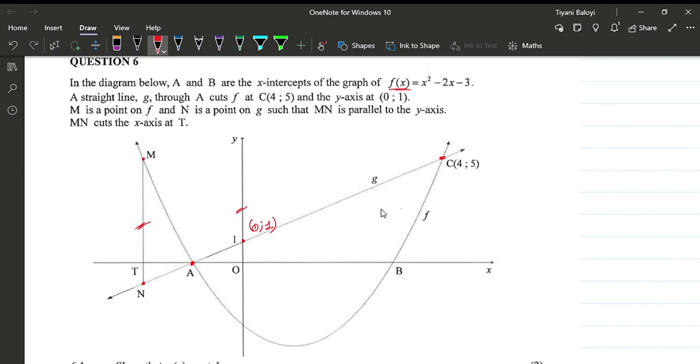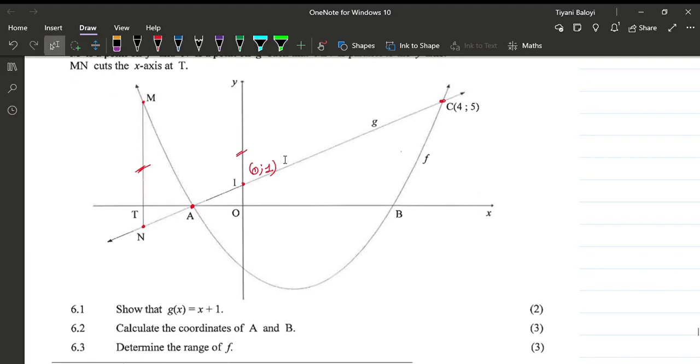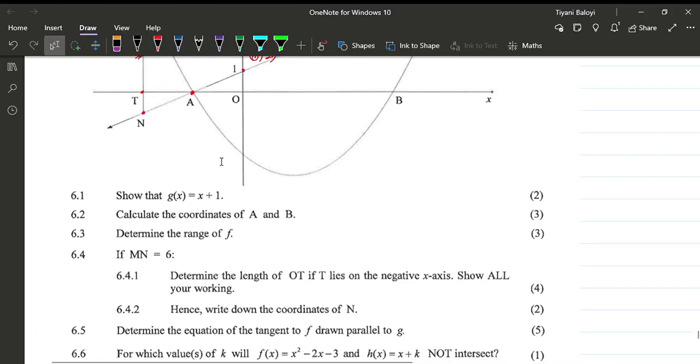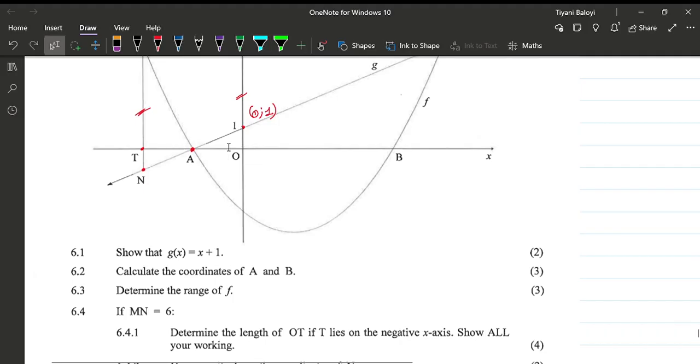So this is a straight line, which means that the x value at N is the same as the x value at M. It says MN cuts through the x-axis at T. So this is T. It means we have the same x value for N, T, and M, just different y values, and at T we have 0 because it's on the x-axis.